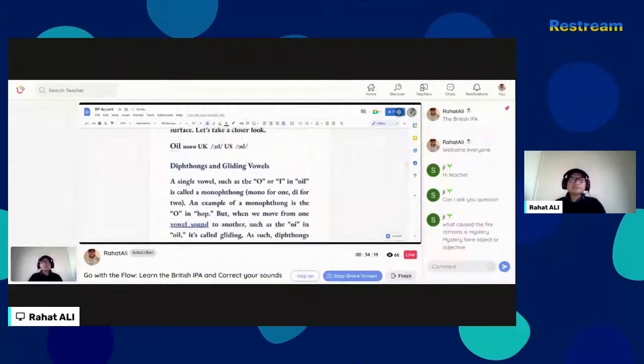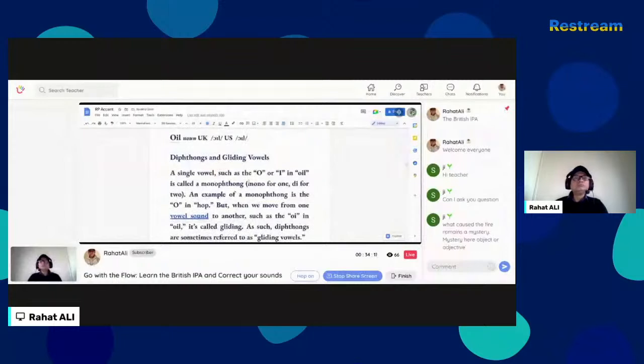In single vowel sounds such as the O and I in whale, the vowel is called a monophthong.